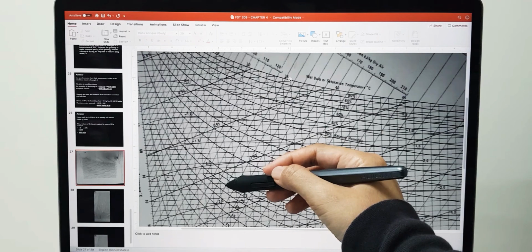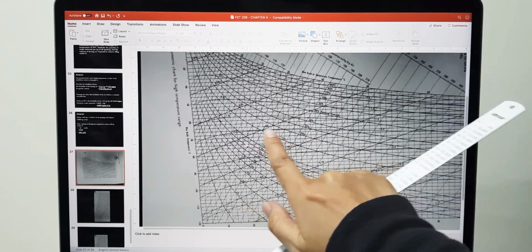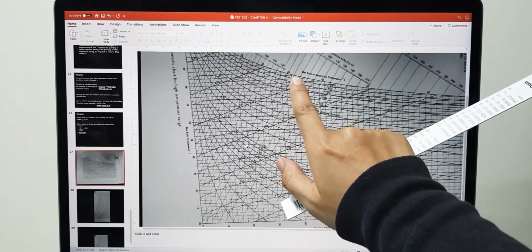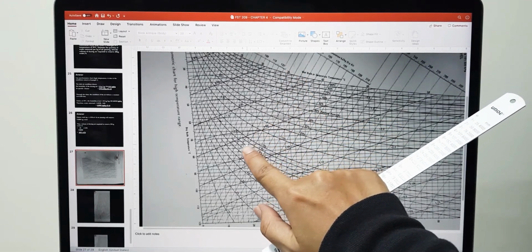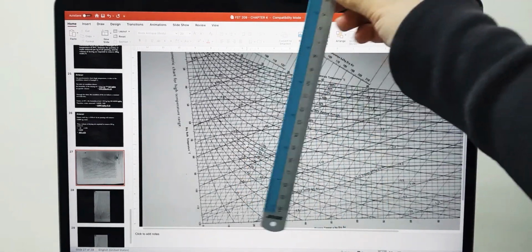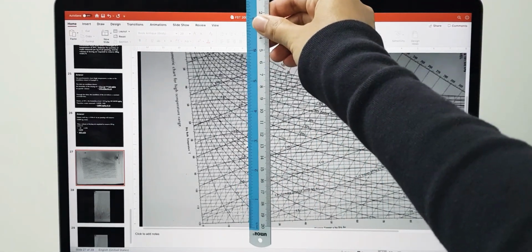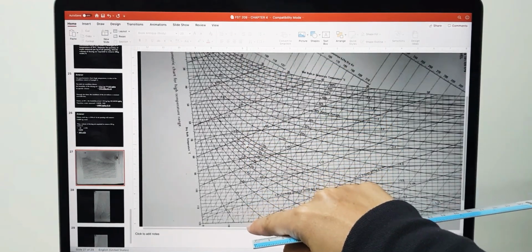Can you see over here? 35 degrees Celsius, and it intercepts at 8%. So bring it down to the line of moisture content.